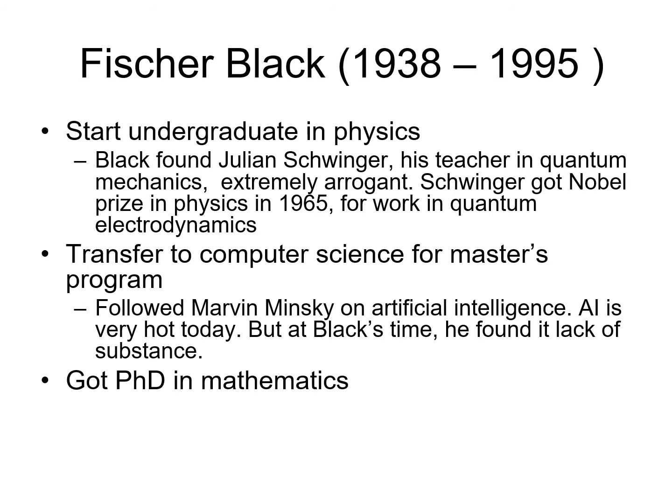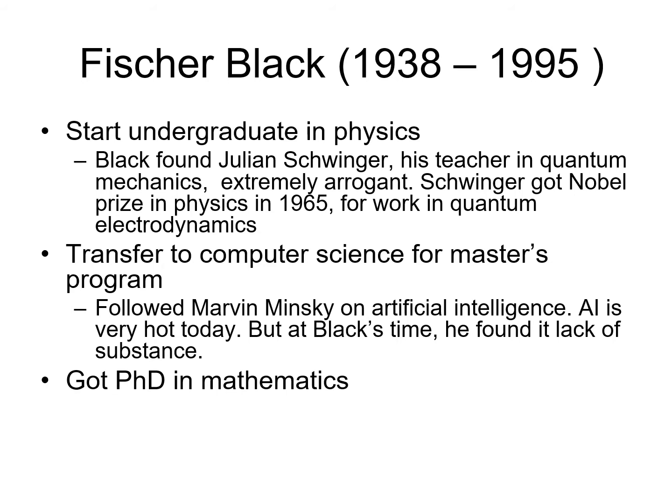Fisher Black. Fisher Black started his undergraduate program in physics. In the physics program, he found Julian Schwinger, his teacher in quantum mechanics, was extremely arrogant, so he switched to computer science from physics for his master's program.